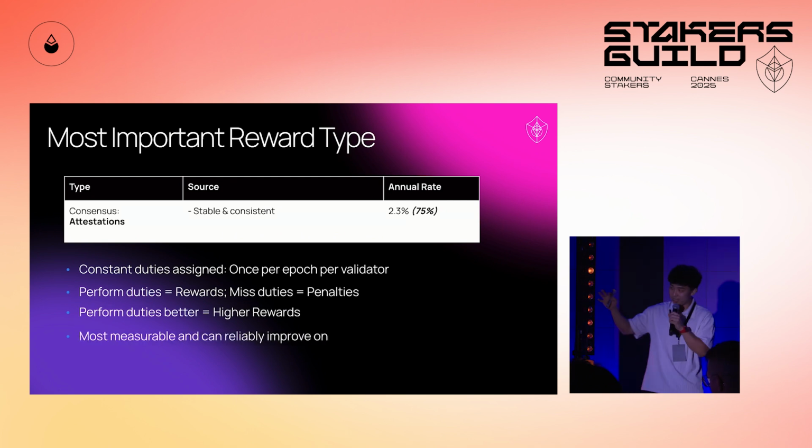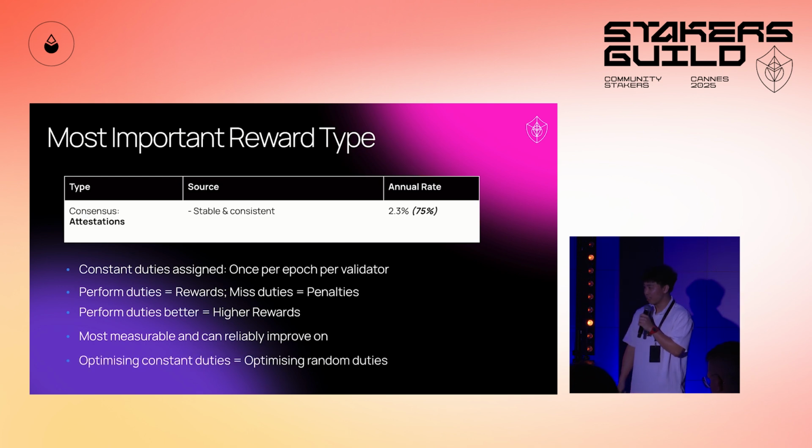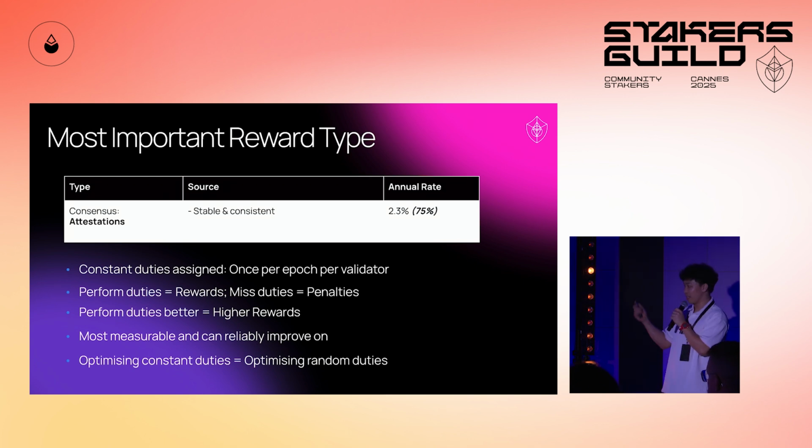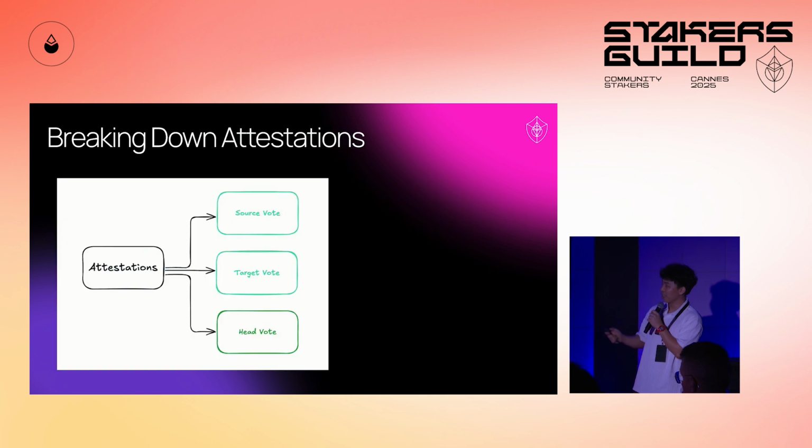And because of all these characteristics, it is the most measurable reward type, and is the one that you can most reliably improve on. Okay, so if you optimize these stable and consistent rewards type, you also get to optimize the random duties. So let's just focus on attestations.